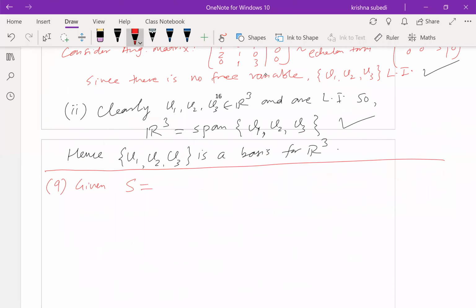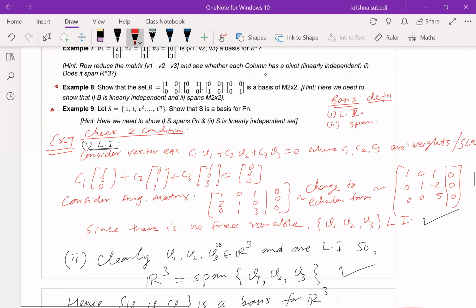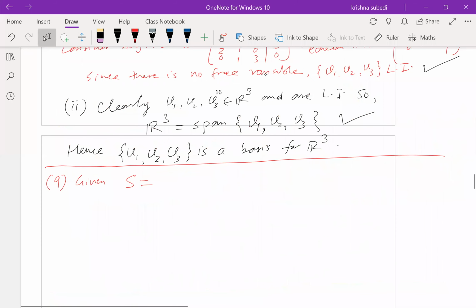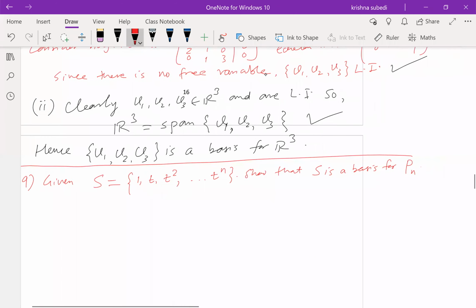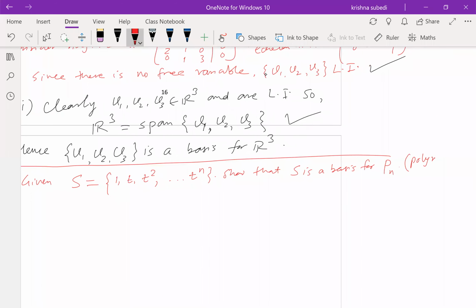Given S equals ... Pn represents polynomials of degree n. So this means polynomial of degree n.